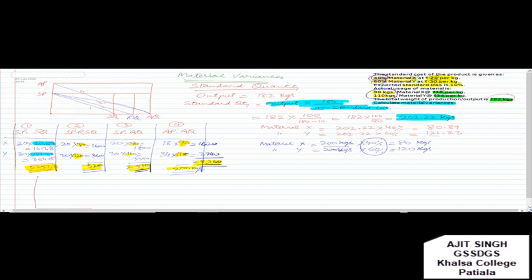Material cost variance would be the difference between first and fourth item, 5257.8 minus 5360.